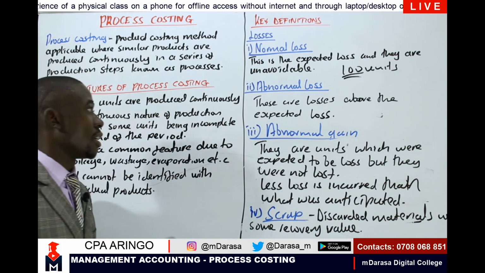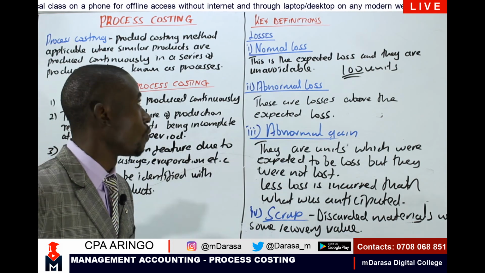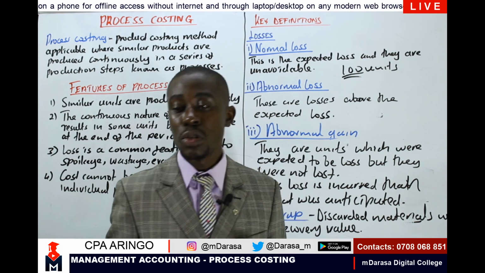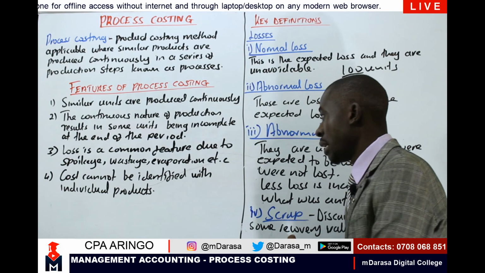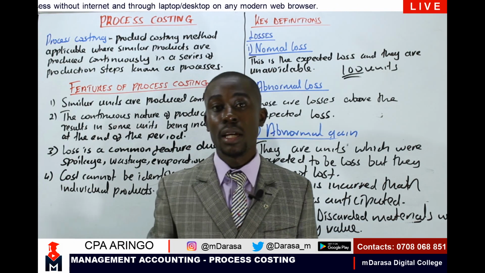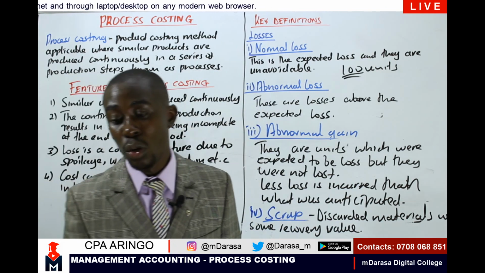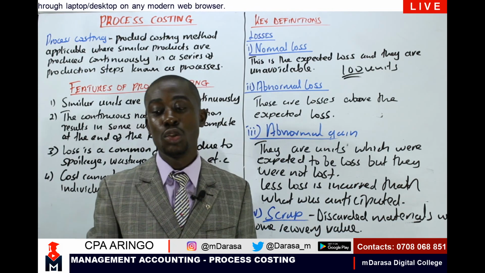But the key definitions that you should always have in mind on the basics of process costing are these. And I believe we've clearly explained all the concepts in relation to that.